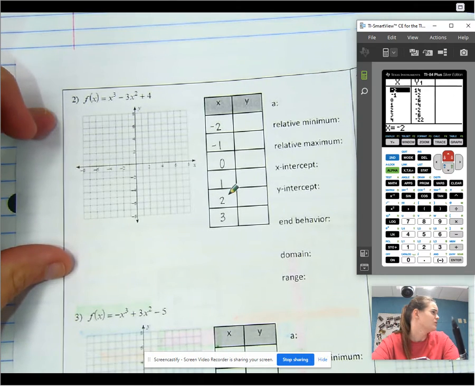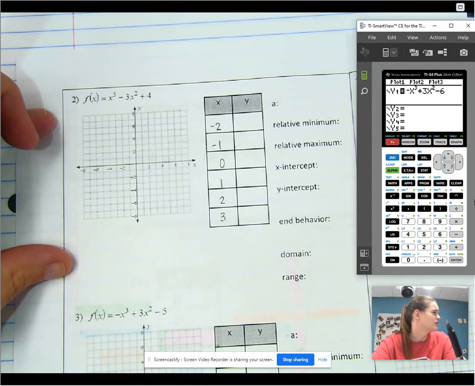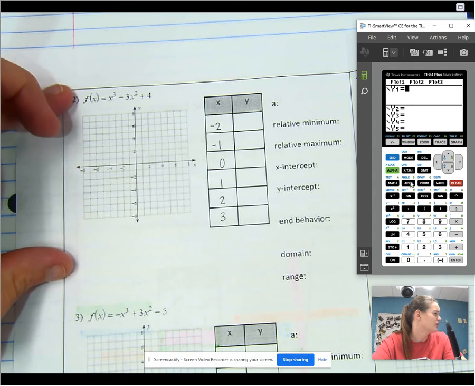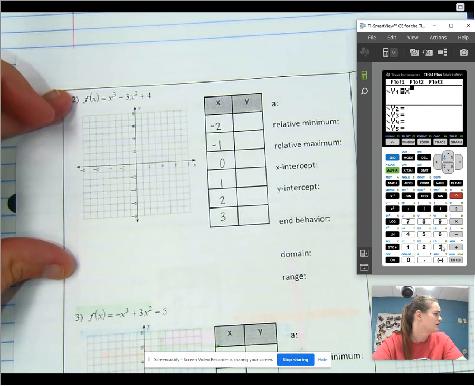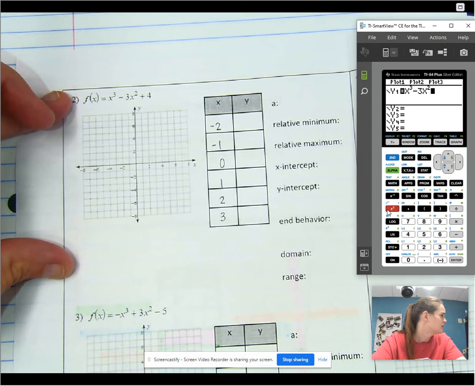We're going to go to y equals, clear this out, and type it in. So x to the third minus 3x squared plus 4.